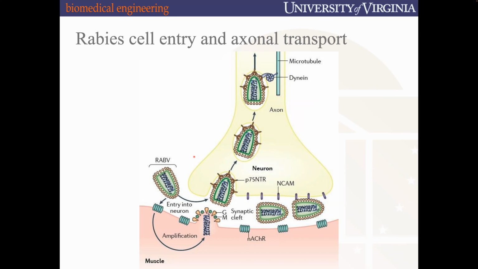So this is where the virus is replicating, creating more of itself, transcribing its genome, creating all the different types of proteins it needs to form more of itself, and then it can exit from these cells by fusing with the plasma membrane of the muscle cells that it's in.